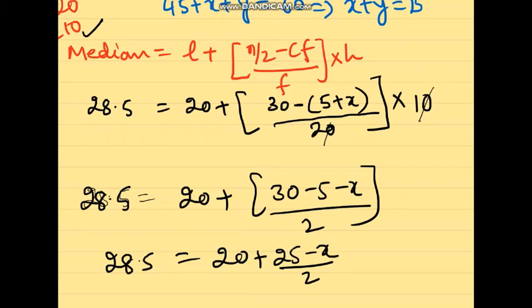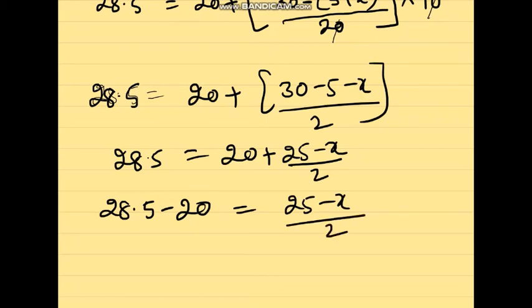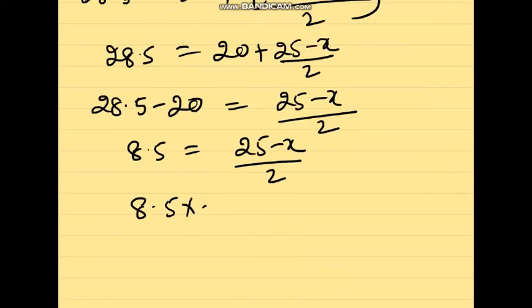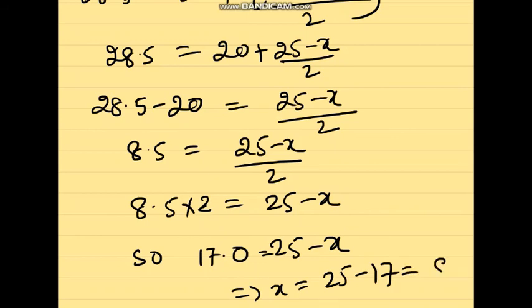Now if you carry this 20 to that side, it becomes 28.5 minus 20, which equals (25 minus x) by 2. 28.5 minus 20 gives you 8.5, equal to (25 minus x) by 2. So 8.5 into 2, which is 17, will be equal to 25 minus x. So x will be equal to 25 minus 17, and that is equal to 8.